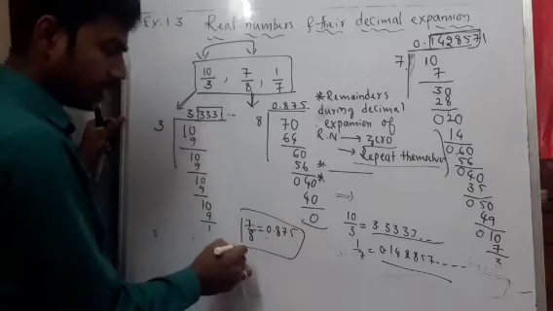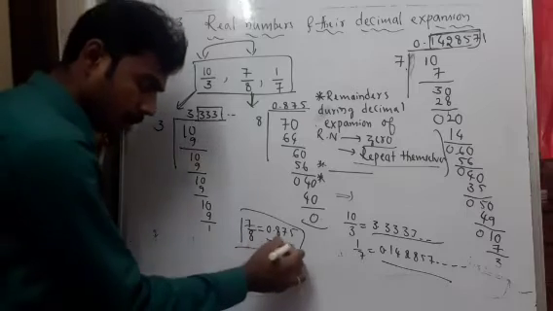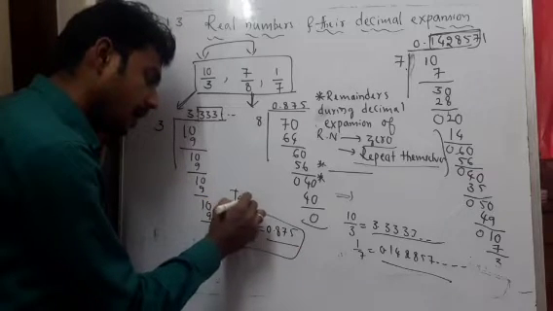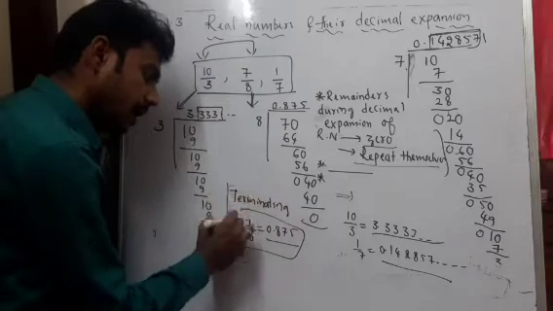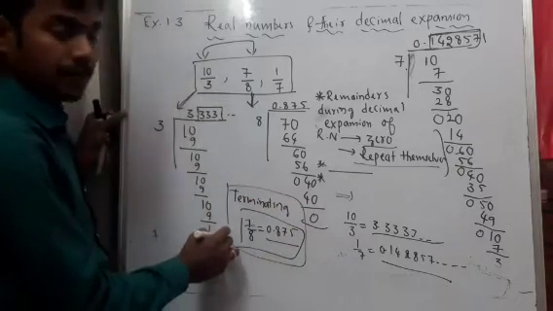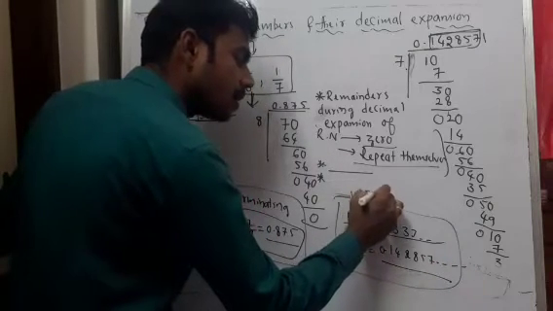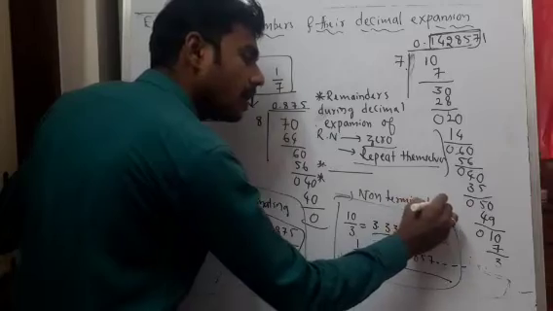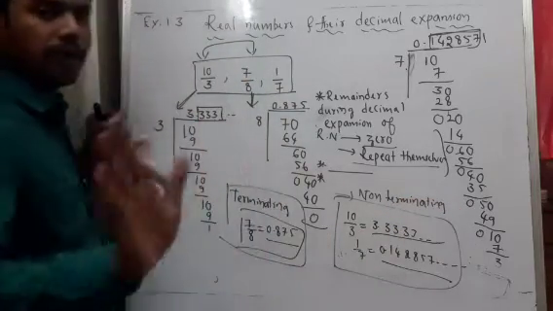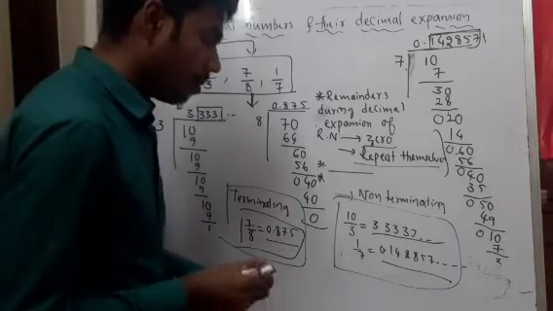So the decimal expansion of a rational number is either terminating or non-terminating recurring. The non-terminating expansion will not terminate, but we will get a repeating block of digits.